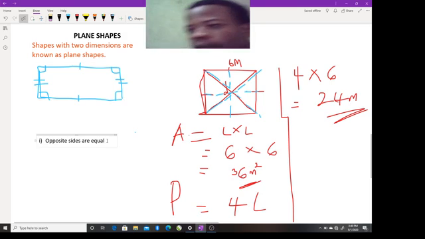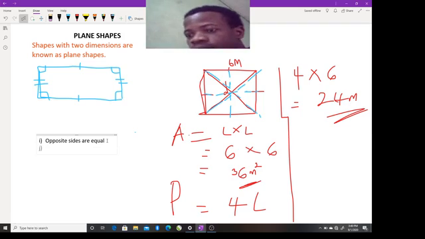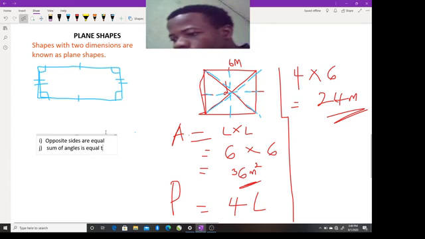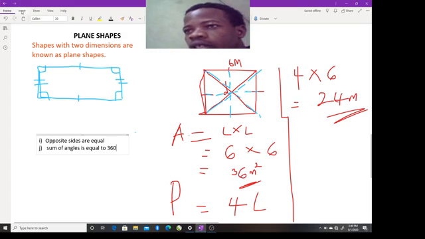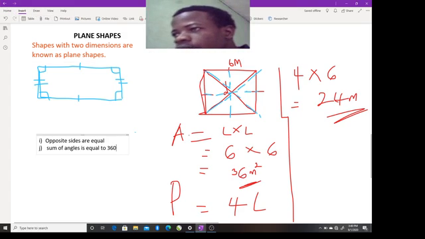So if you have this, sum of angles is equal to 360 degrees. 360 degrees.